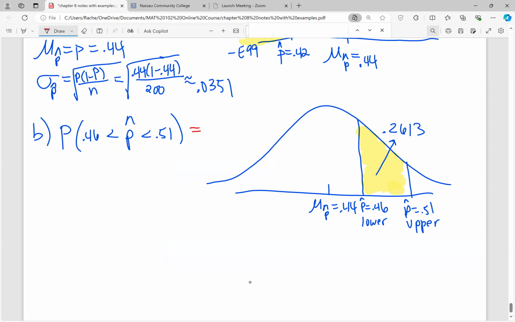So the probability that the sample proportion of adults who believe that there is intelligent life on other planets is between 0.46 and 0.51 is equal to about 0.2613.